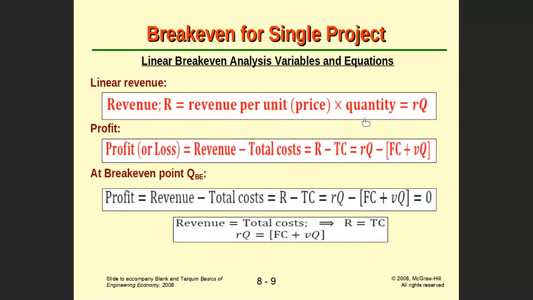So to find whether you have a profit or a loss at the end of the year, you subtract the total cost from the revenue. The profit equals R, the revenue, minus the total cost, which equals RQ, the revenue multiplied by quantity, minus the fixed cost plus the variable cost.